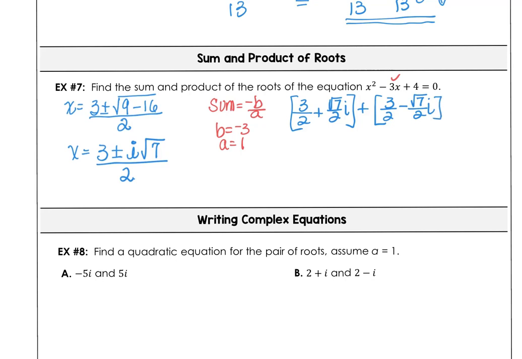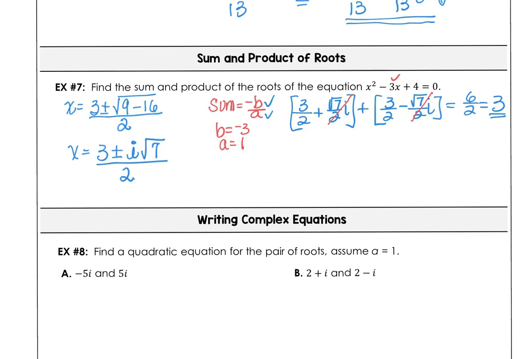Adding those up, the positive i and the negative i eliminate, and 3 over 2 is 6 halves, and 6 halves is 3, and 3 is the opposite of b over a. Since b is negative 3 and a is 1, the opposite of b over a is positive 3.